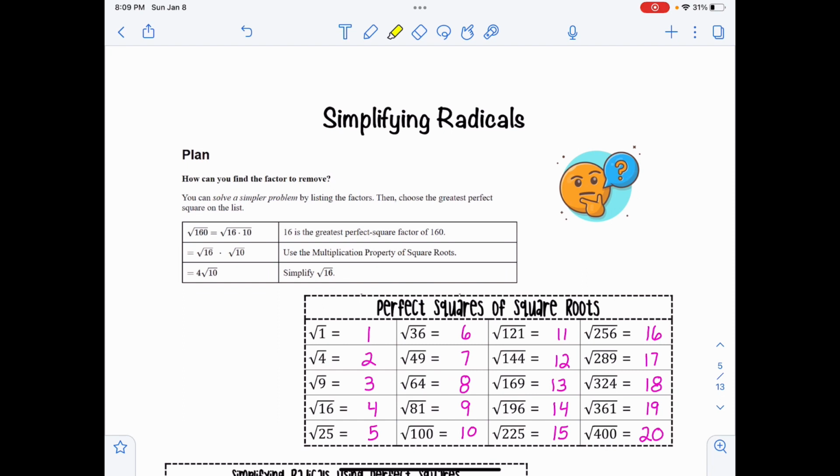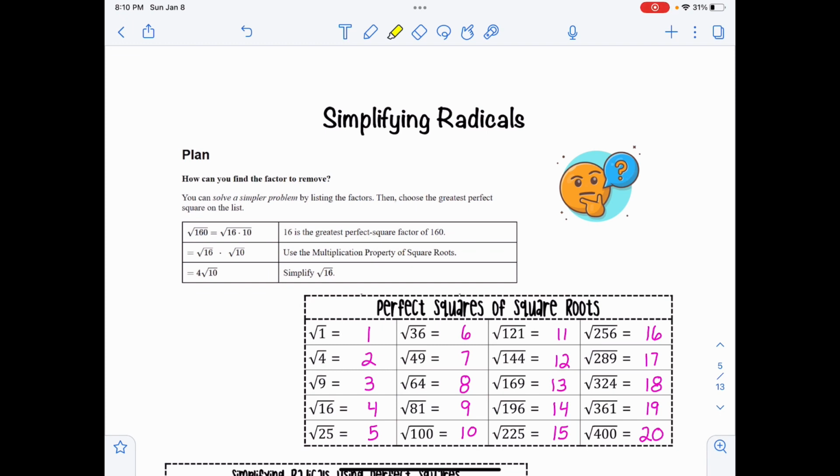Okay, so now that we have our perfect squares filled in from 1 to 20, of course, when we're asked to simplify a radical, those aren't always going to be a perfect square. So what do we do? Well, just like simplifying a fraction, we're not going to punch it into our calculator. We're just going to reduce it to its lowest term.